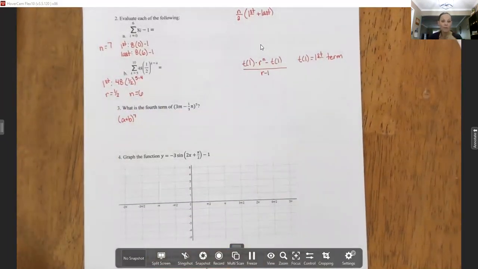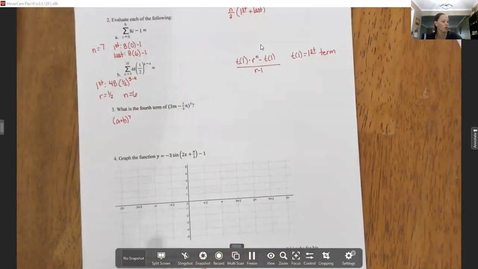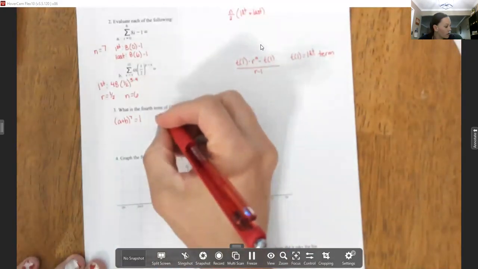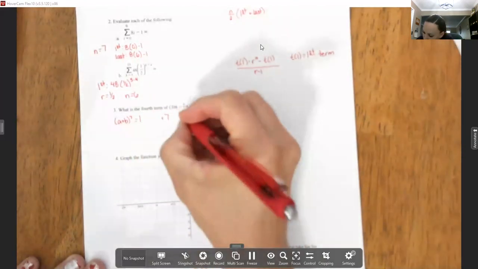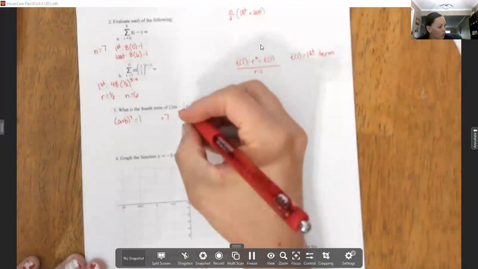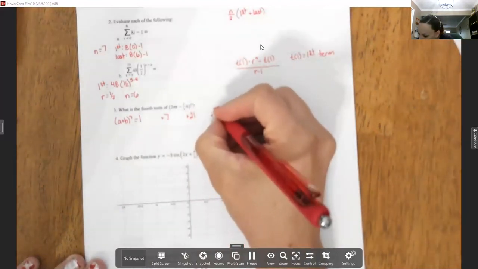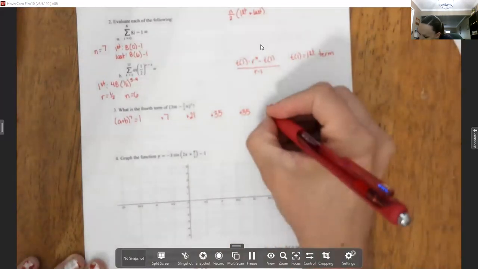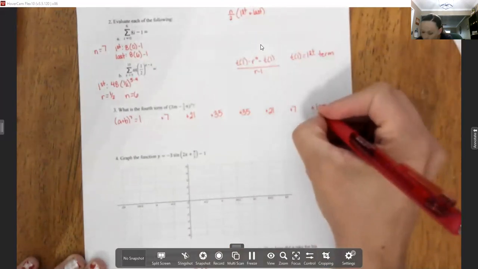So if this said a plus b to the 7th, and we'll just ignore that for now. Going to your triangle, your coefficients are 1 plus 7 of something plus 21 plus 35 plus 35 plus 21 plus 7 plus 1.